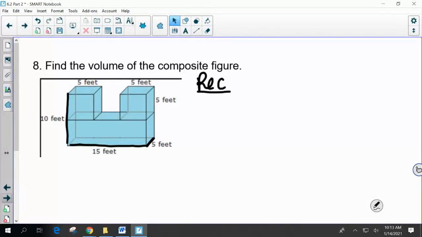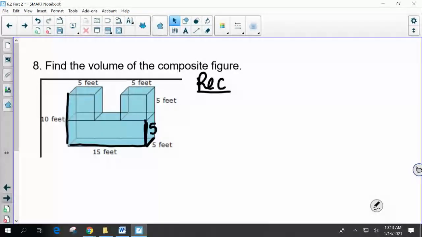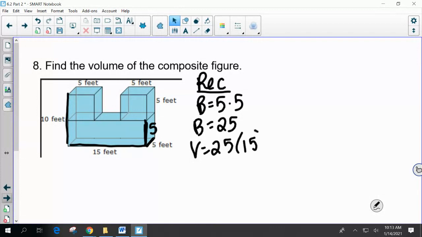So this little side would be 5, because 10 minus 5 would be 5. So for capital B, I could take 5 times 5 and get 25, and then take 25 times 15 to get 375.